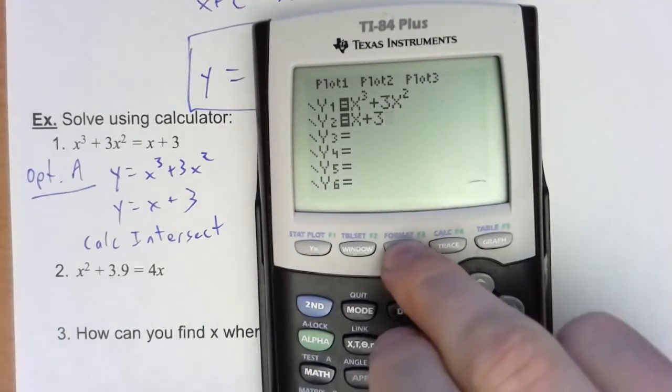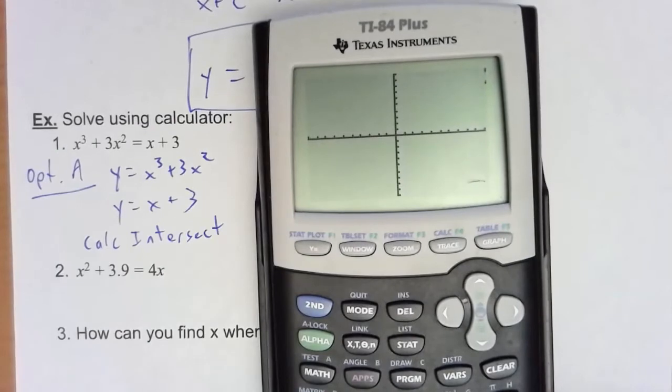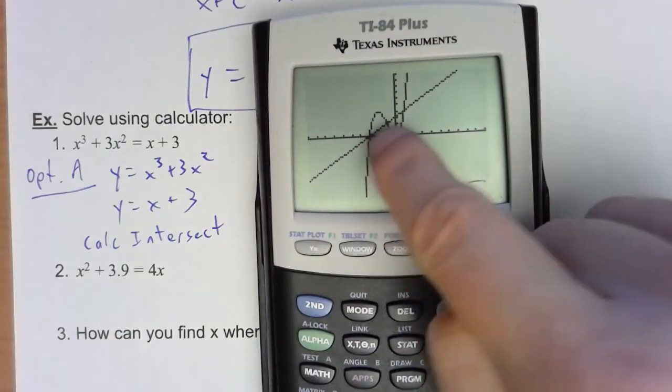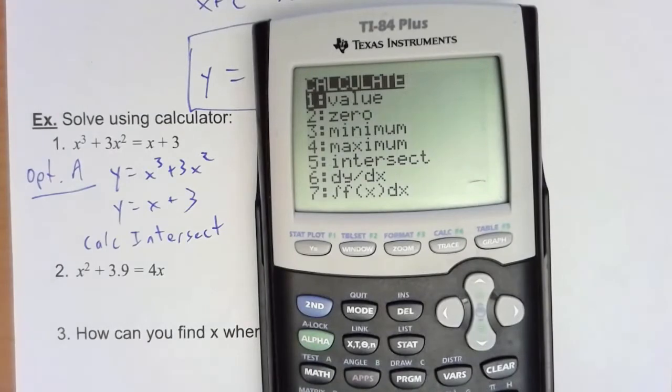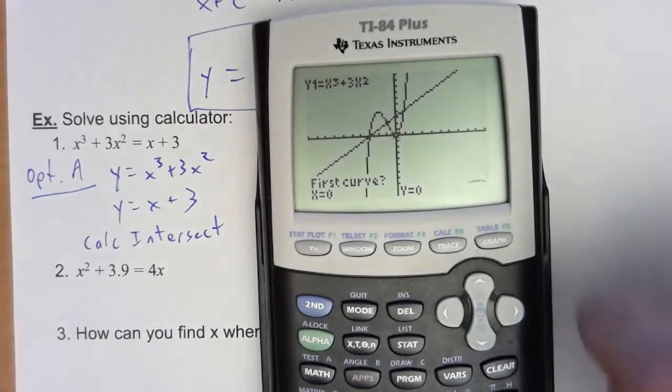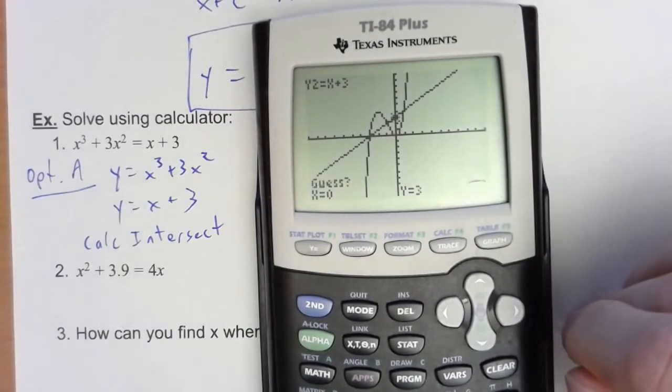And remember, always do zoom 6, zoom standard. And then you can see the intersection points are the solutions. So second trace, calc intersect. And then you can just hit enter, and it will give you one solution.